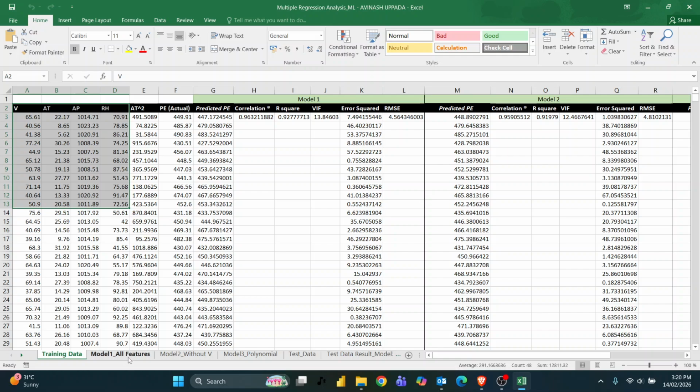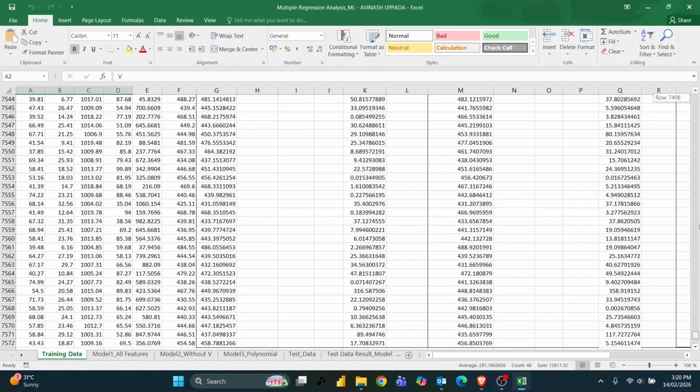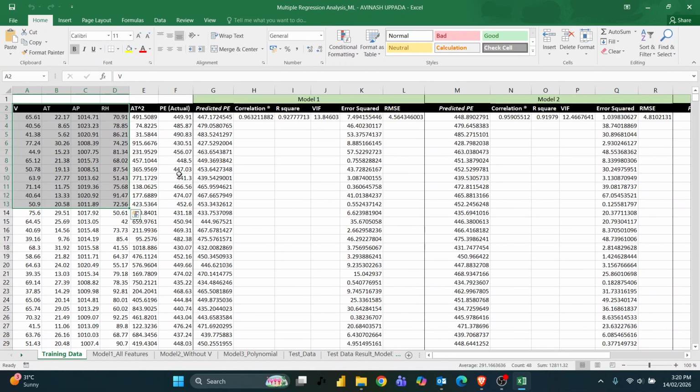Now in the first model, I took almost 70 to 75% of the data, which is about 7,500 rows, to train the model. The first model consisted of all four variables, and this is how the results yielded.